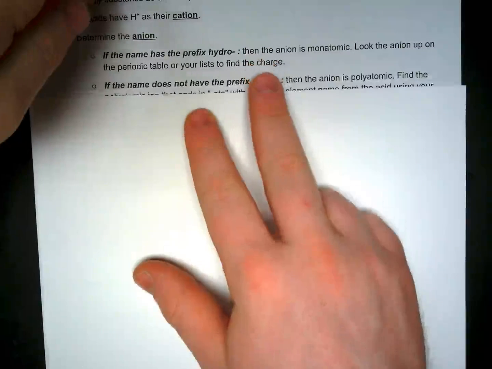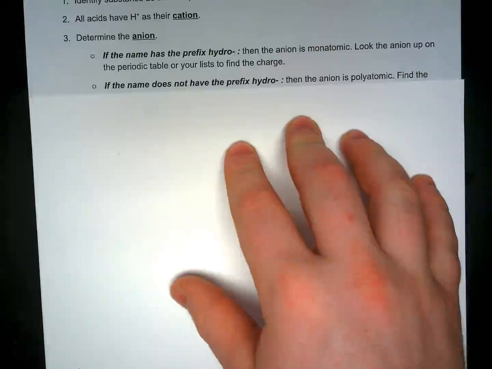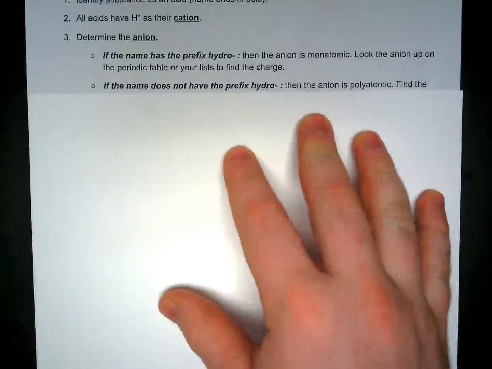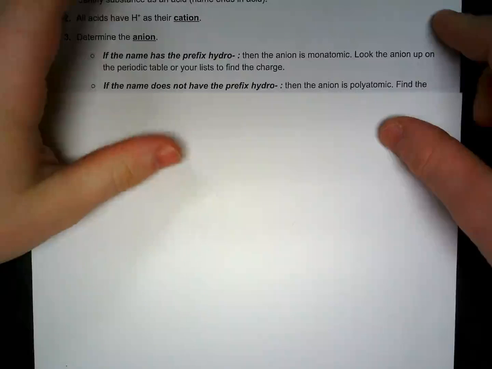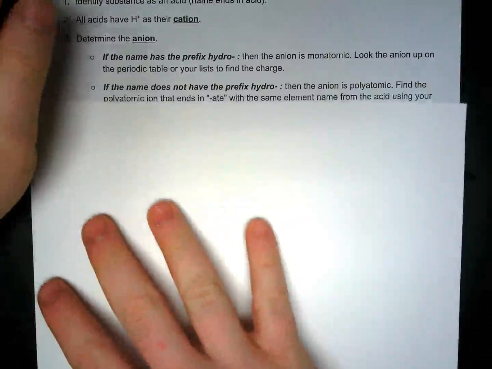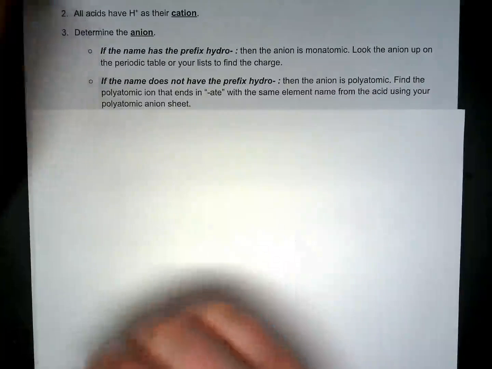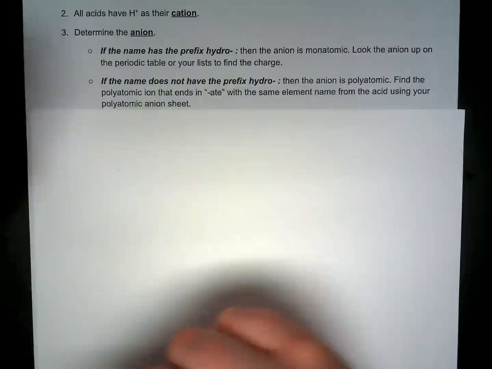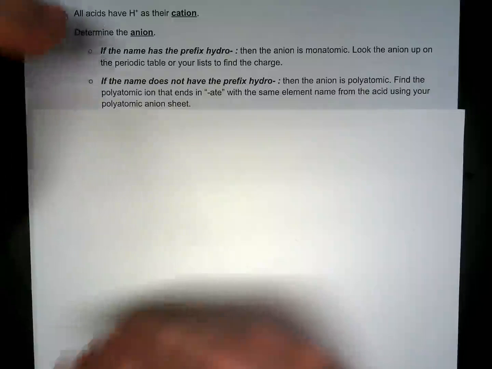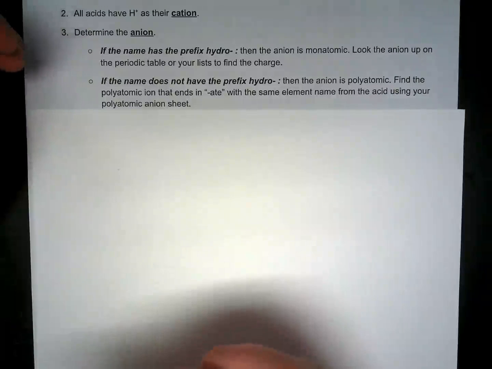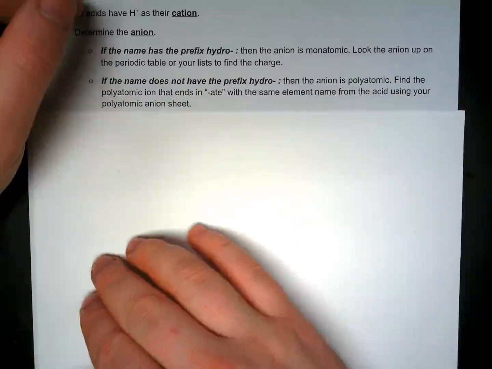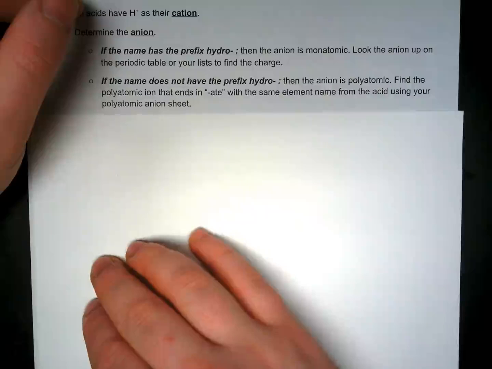Now, if the name does not have the prefix hydro, then your anion is polyatomic. So what you'll do is find the polyatomic that ends with ATE. We will not be working with ITE polyatomics, only ATE polyatomics with the same element name from the acid, using your polyatomic anion sheet.